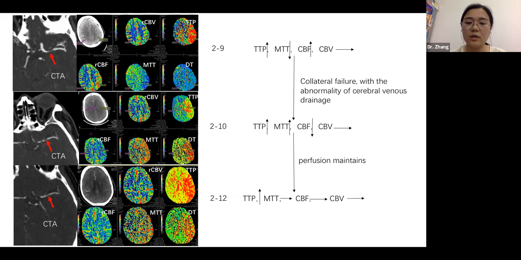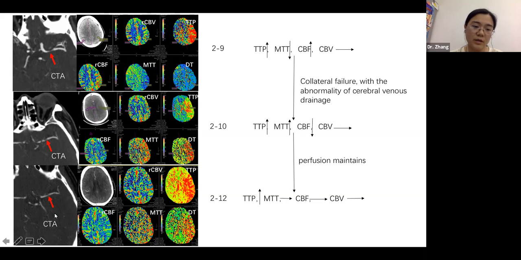And after the infusion of fluid and the provision of DL-NBP, this medicine, the perfusion seems maintained. At February the 12th, the TTP, although still increased, but the MTT seemed maintained. You can see that the MTT of both hemispheres seemed equal, and the CBF equal and CBV equal.